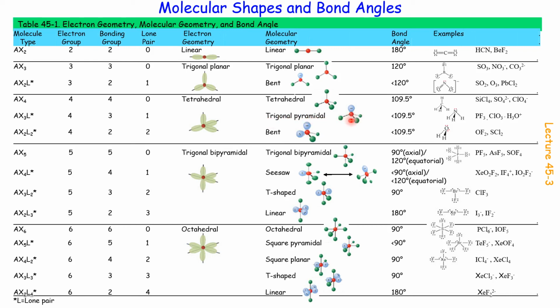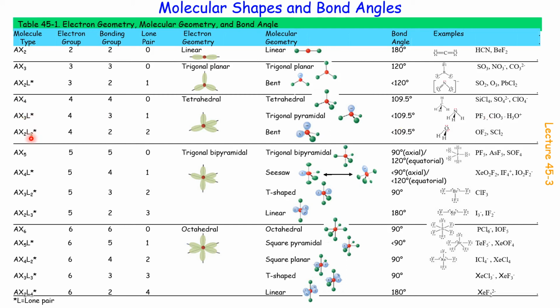The base of the pyramid is a triangle. That's why it's called trigonal pyramidal. Because that lone pair requires greater space, the bond angles in molecules with a trigonal pyramidal shape are less than 109.5 degrees. Here are the examples for this type of molecules.